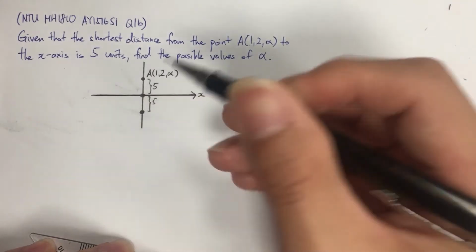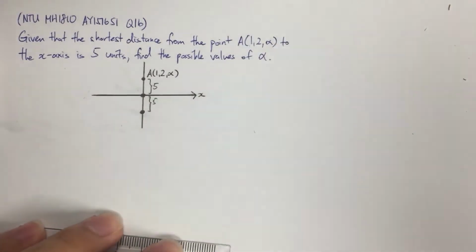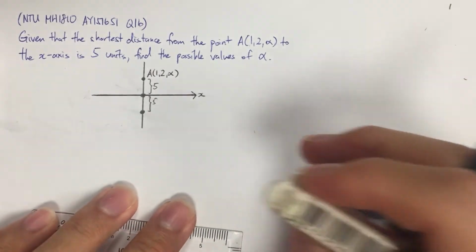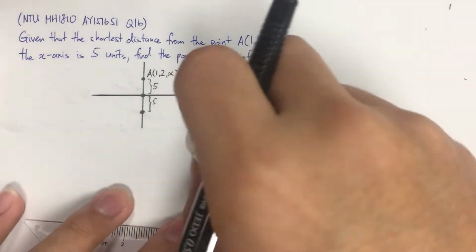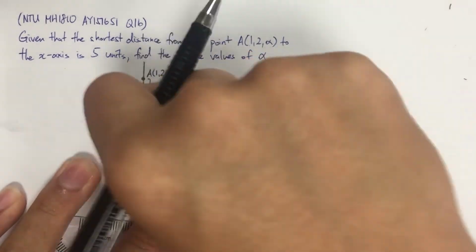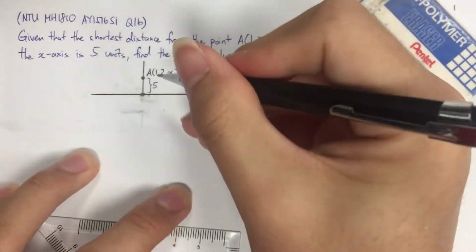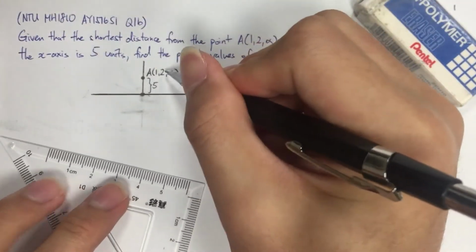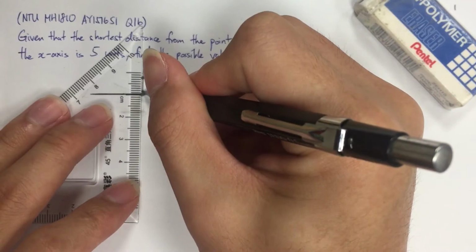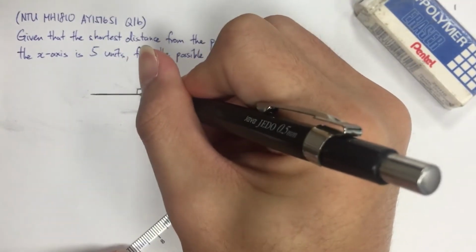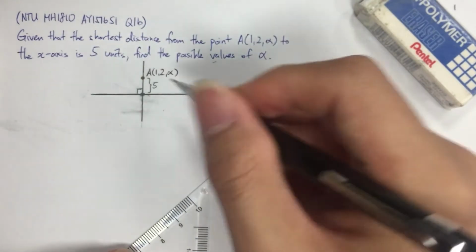So probably there are 2 values of alpha that we need to find, and we'll see whether this is true later on. But for now, let's ignore this extra bit. I'll erase it, and we focus only on this point A here, that is distance 5 from the x-axis.